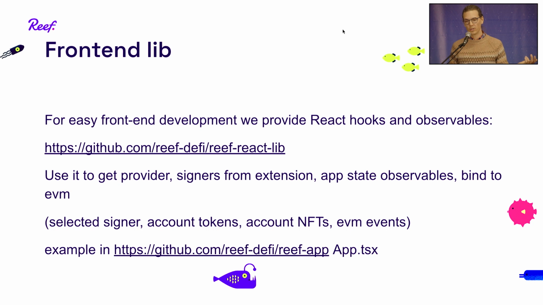You can do it with hooks, or you can use observables, RxJS. There's an example app you can see, and in the app.tsx there's an initialization script. Most of the stuff is done there, and then you can just subscribe to the observables.